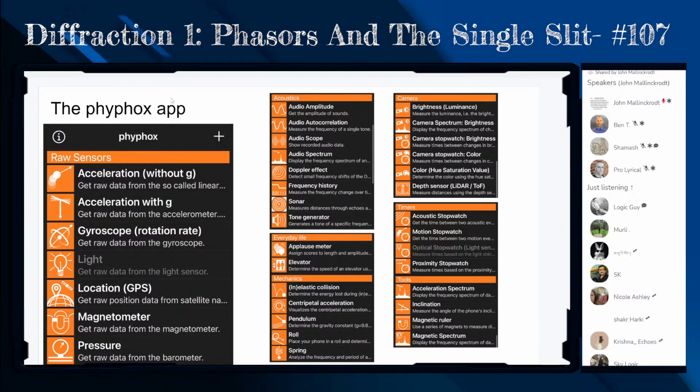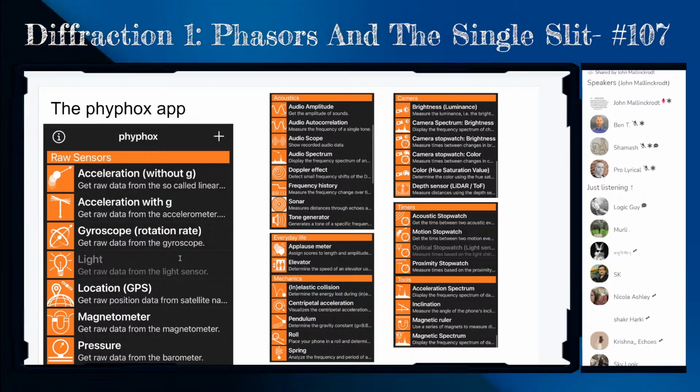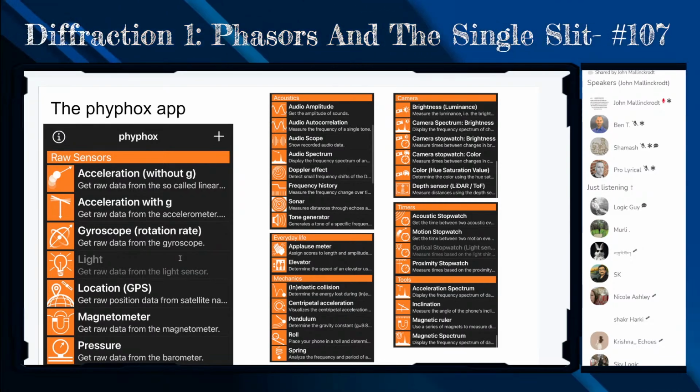There's everyday life, which has an applause meter and an elevator app, which is kind of interesting. I had not noticed that before. I think there must be a new version that has some things I hadn't seen before. There are also camera-type things, timers, tools, mechanics. You can take a look through that list.